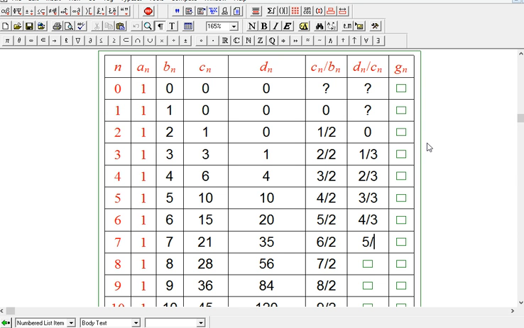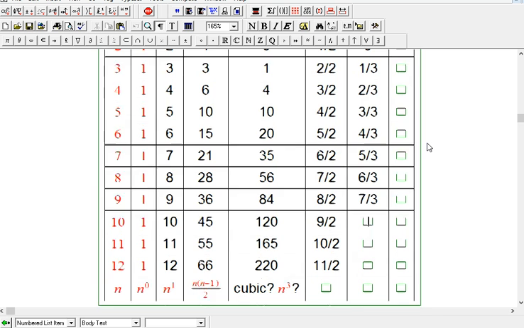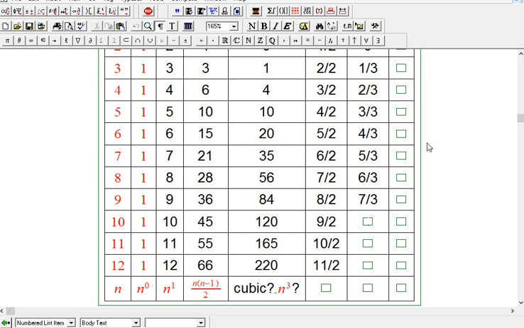Hey, we got something. That's 5/3. 56 over 28 is 2, or 6/3. If you reduce these all out, 7/3. 120 over 45, you have to think about it a minute, but that's 8/3. 165 over 55 is exactly 3, or 9/3. 10/3. Ha.